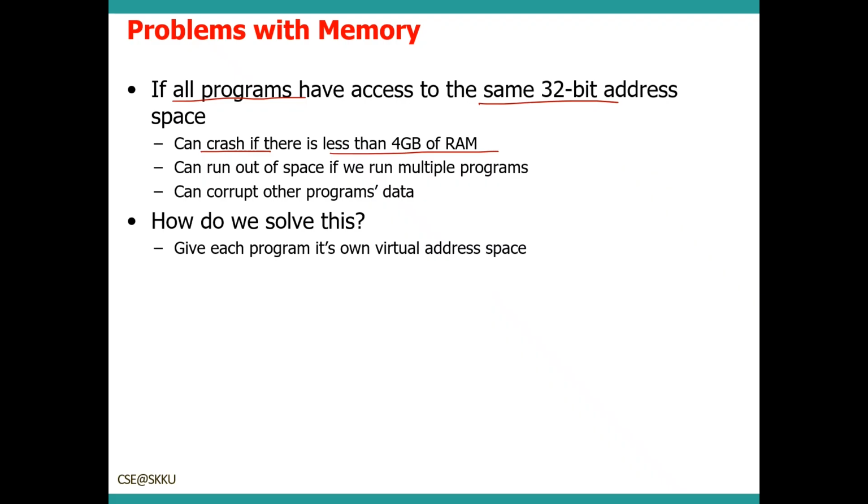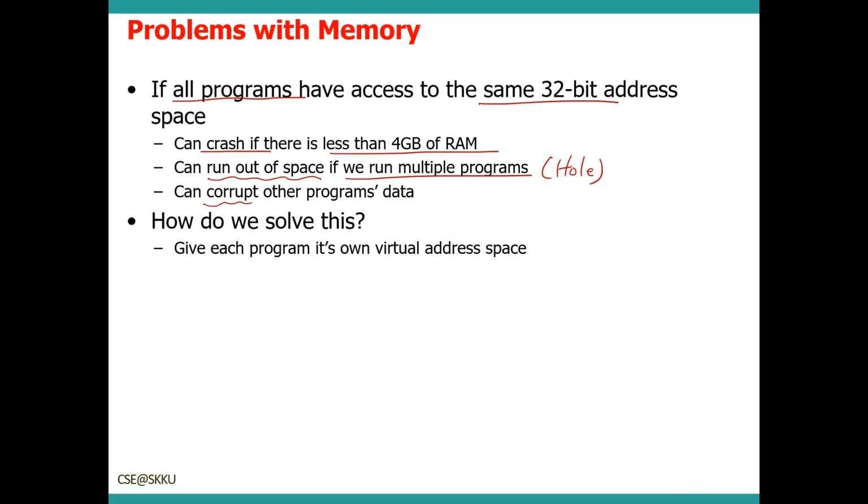Another problem is if we run multiple programs, then even though there is free space, we cannot allocate the free memory for some program. So this is the memory hole problem. And the last problem was protection: some programs can collect other programs' data.